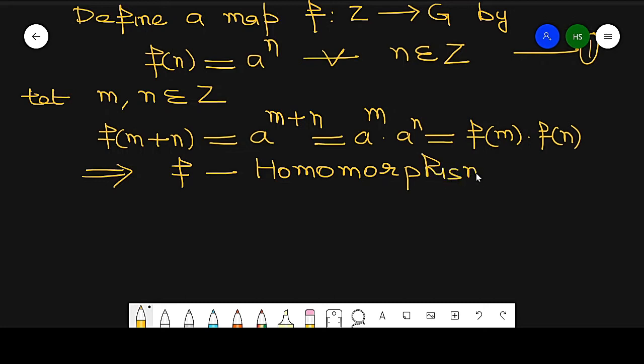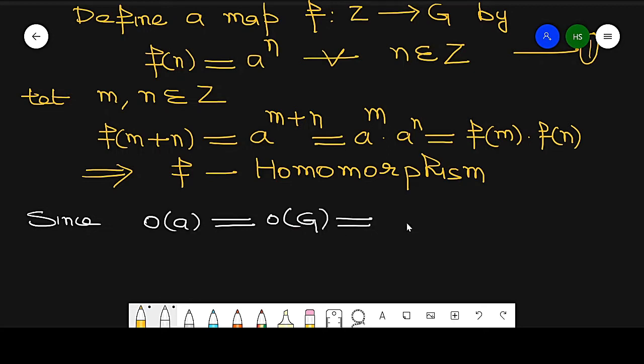Now the next step is to show that this mapping is onto. Now we know that in a cyclic group, the order of group G and the order of the generator are the same. So since the order of a and the order of G are the same, and what is this? It is infinite.